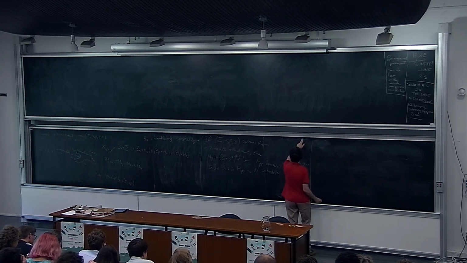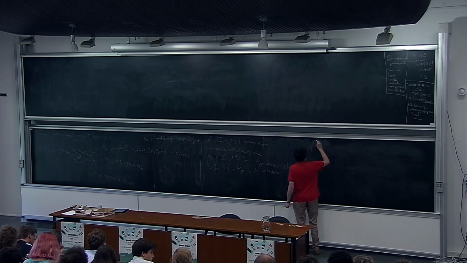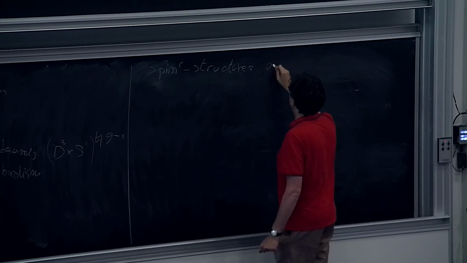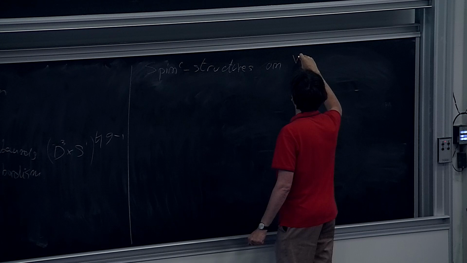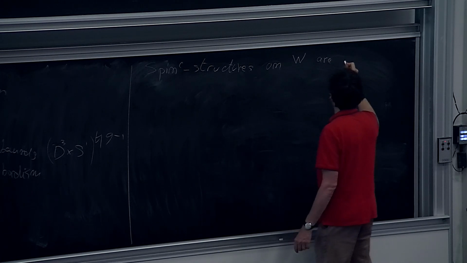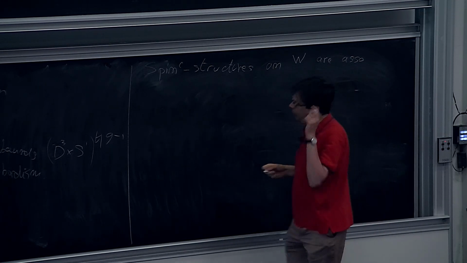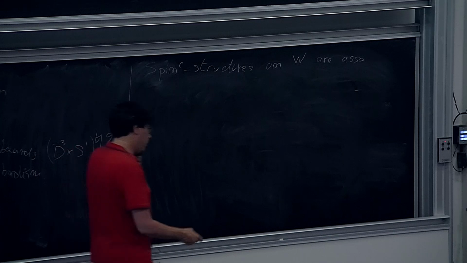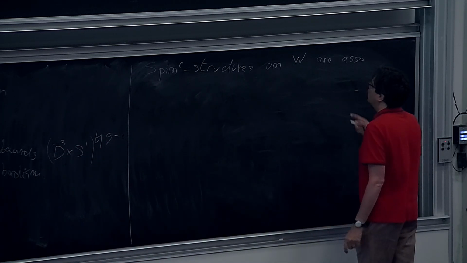A final remark before we move on is that spin-C structures on W, whatever they are, are associated to two plane fields, defined in the complement of a finite number of points and up to homotopy on the complement of a one-complex.